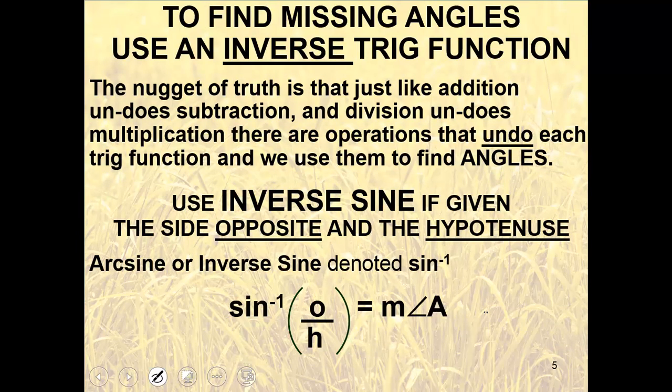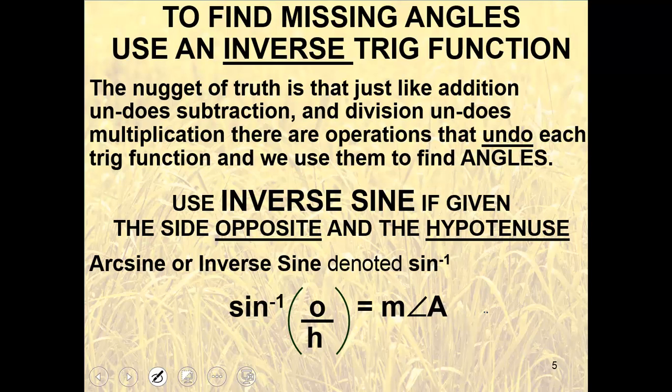All right. Now we're going to change gears a little bit and we're going to find a missing angle. And this is where the inverse trig functions come in. You'll see them as sine -1, cosine to the -1, tangent to the -1. All right.